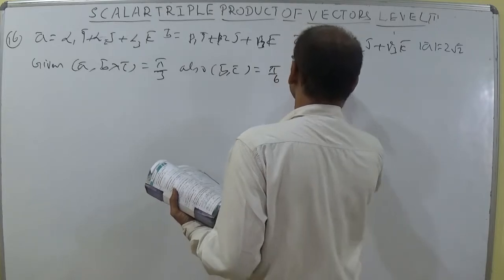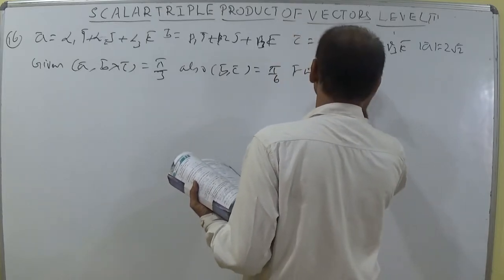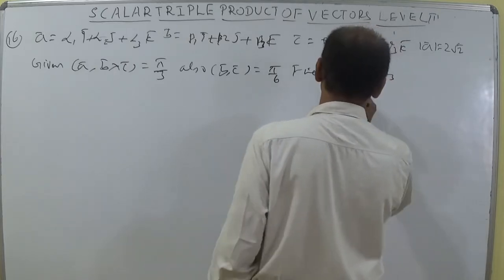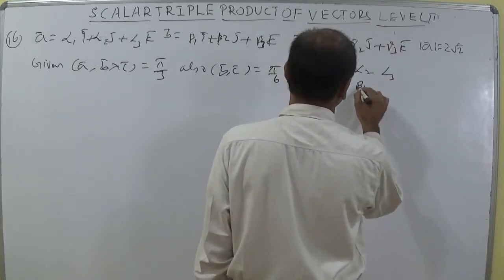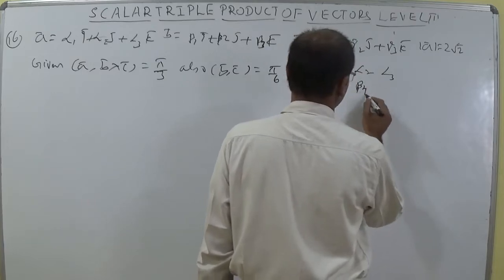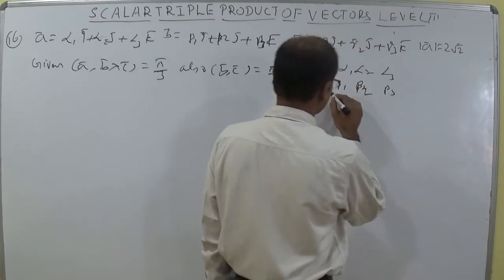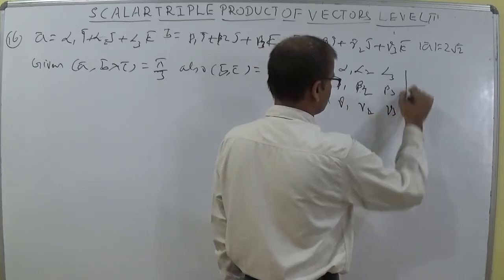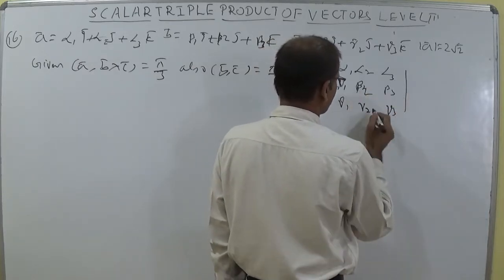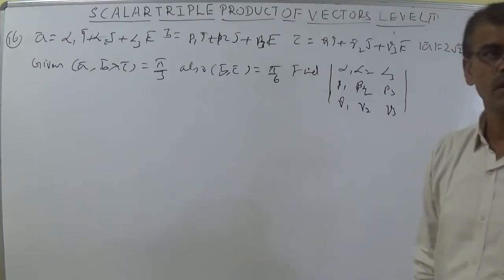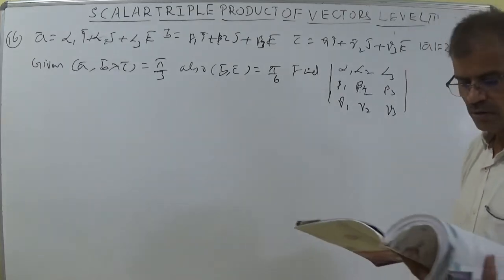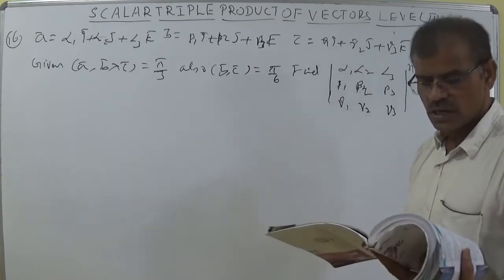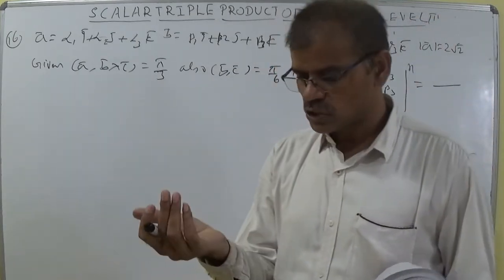You should calculate the value of the determinant of alpha 1, alpha 2, alpha 3; beta 1, beta 2, beta 3; gamma 1, gamma 2, gamma 3, whole power n is equal to dash. Here n is the even natural number given.